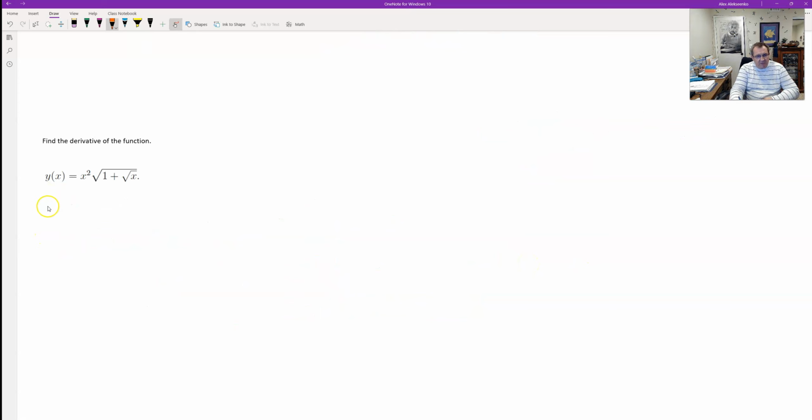And let us consider one additional example of differentiating the following function. So we have x squared multiplied by square root, and inside the square root we have 1 plus root x. We would like to evaluate the derivative with respect to x. So the first rule to apply is the product rule.